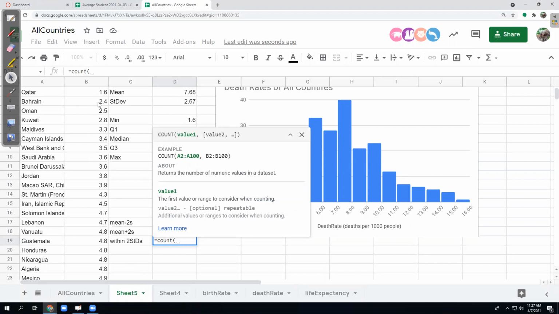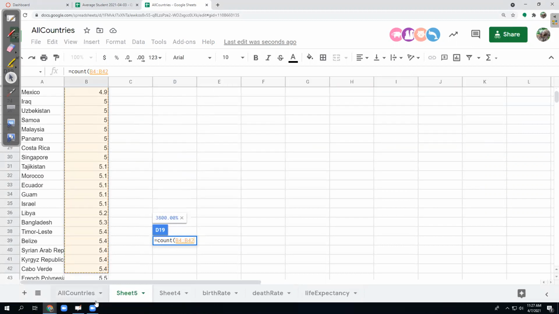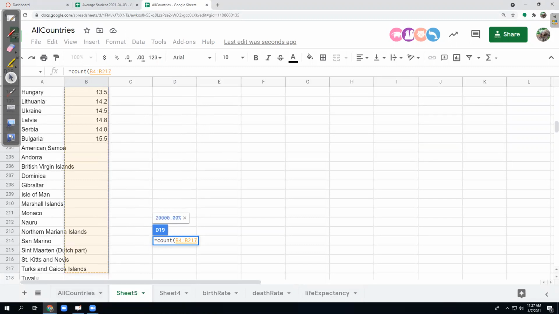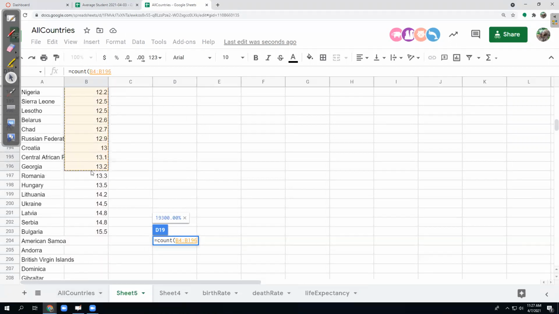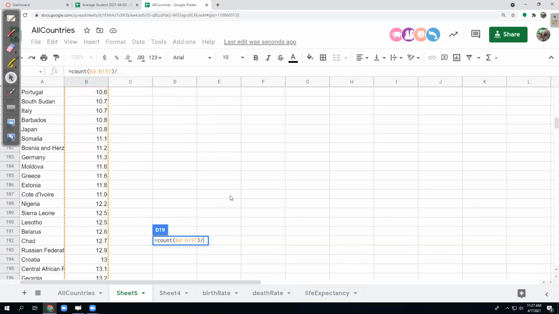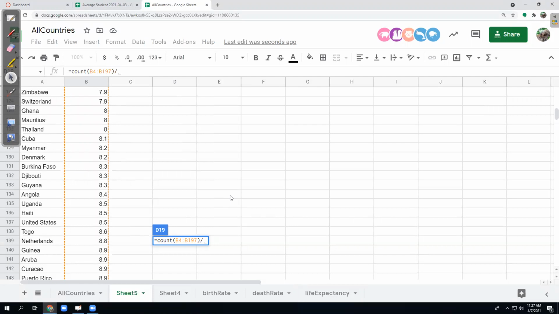That would be here up to 13.04-ish. So about 13.3 is as high as I can go. Out of the sample size, which is the number of countries that reported or we have recorded for a birth rate.